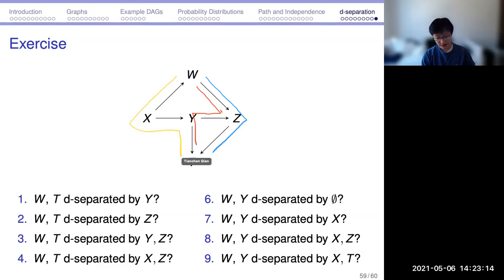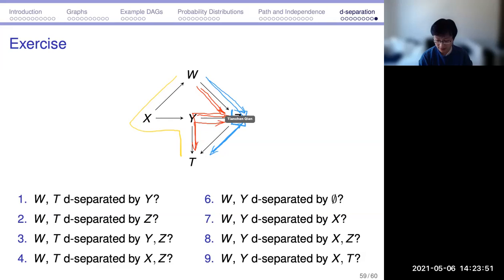Okay, so the second question is: are W and T d-separated by Z? Let's take a look. We have 3 paths, and we're conditioning on Z. This is a chain, so Z blocks this blue path. Now, for the red path, we have a fork and a collider.